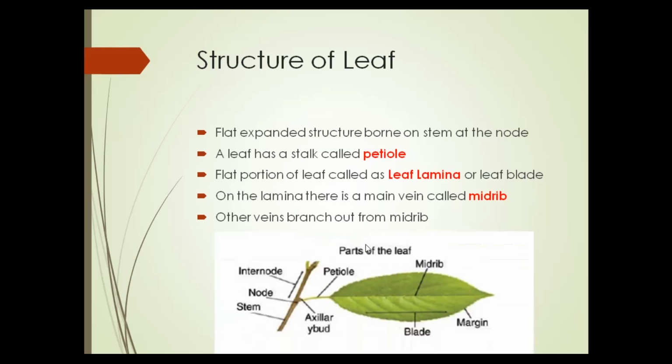So look at this. From the node, the leaf grows. This portion, the stalk from which the leaf grows, is called the petiole. The midrib is the main vein in the leaf, and from this main midrib you also see other veins growing, and this whole flat surface is called the blade of the leaf.